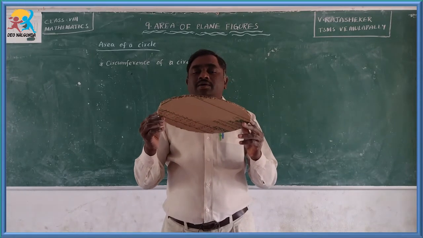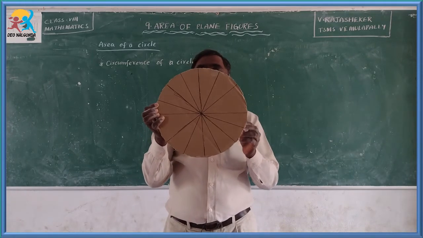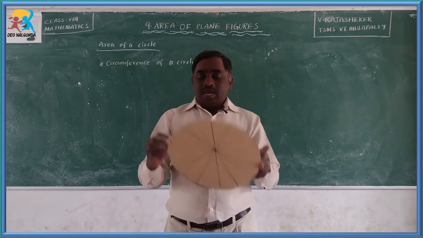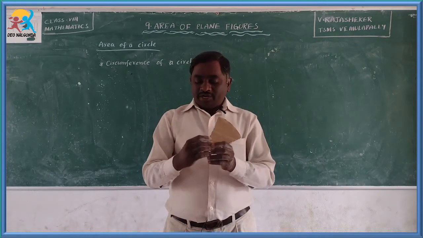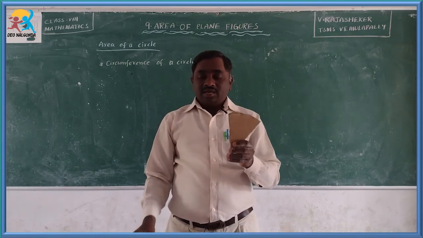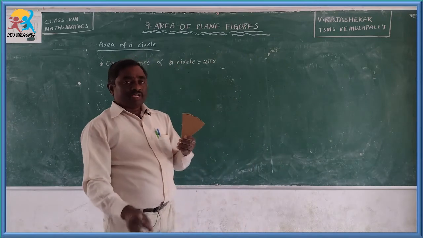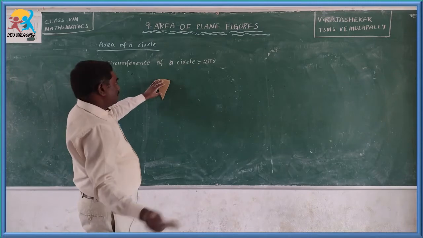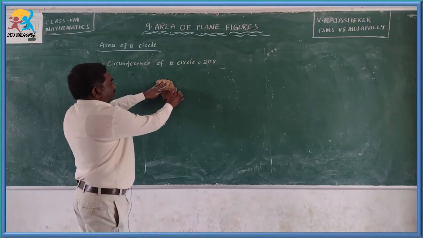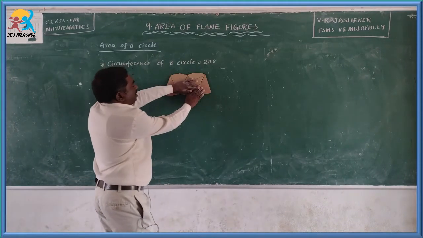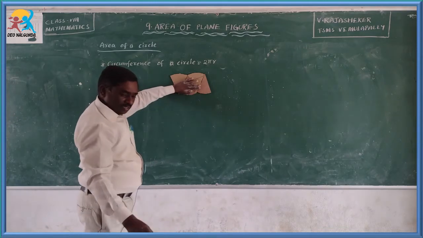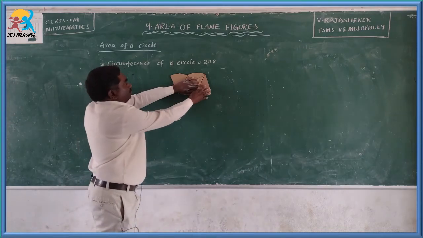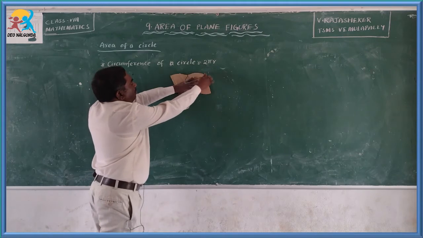and it is divided into different parts and made into pieces, and by arranging we can get, you see, so this is one part and this is another part. So when we arrange the parts of the circle, we can get a parallelogram.